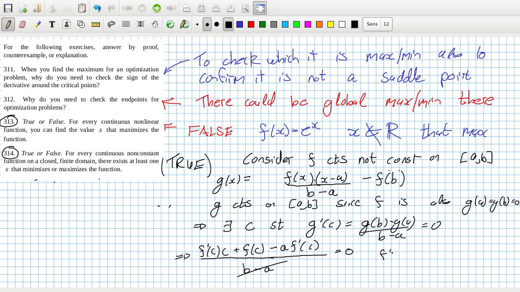That means f'(c) times (c minus a) equals minus f(c).